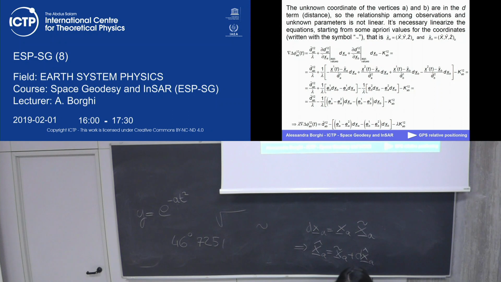Iteration is I go to the best solution step by step, improving my results. And inversion is often a nonlinear problem, so you need this approach. This is like a root finding.